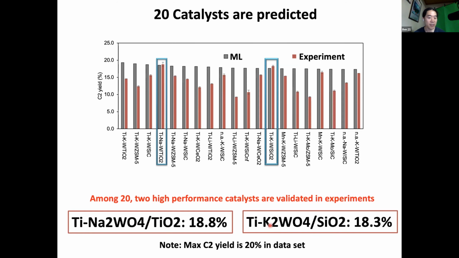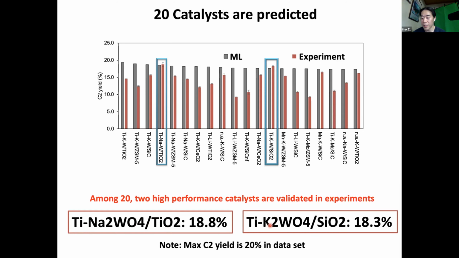And in this OCM catalyst, having 18% to 20% is actually a really good catalyst. It's always really hard to find those types of highly active catalysts. But with deep learning, we are able to find those two active catalysts in a very short time, like 1 month of research.